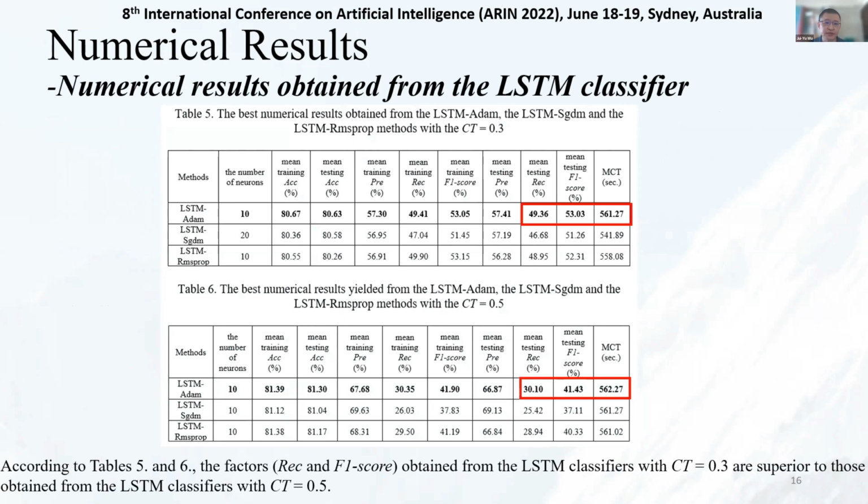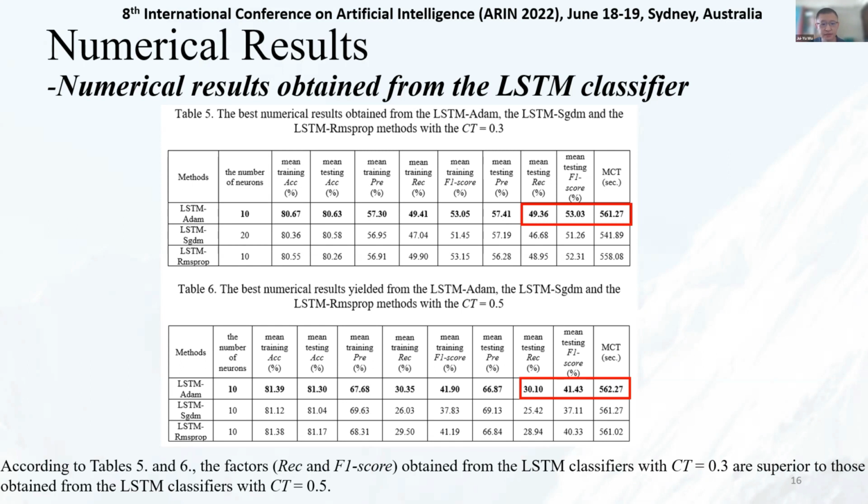Table 5 lists the best numerical result obtained from the LSTM methods with CT value 0.3. We can see that the LSTM-Adam can find the best mean test F1 score. And Table 6 shows the numerical result yielded from the LSTM methods with CT value 0.5.